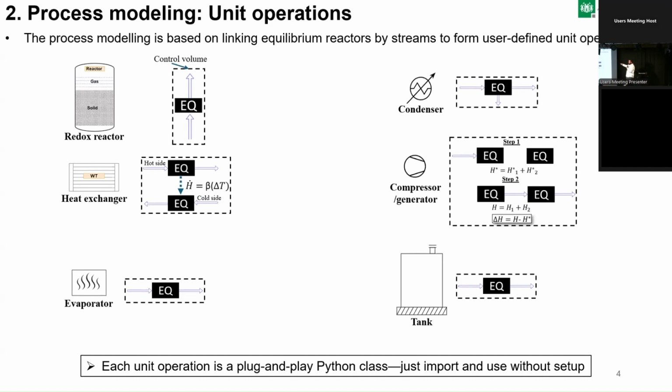Each unit operation here was programmed one time, and at the end it is now a Python class, and this Python class is only plug and play. So yes, it takes a lot of time to develop this class, but at the end I have a class where I just plug and play, and that is so convenient.